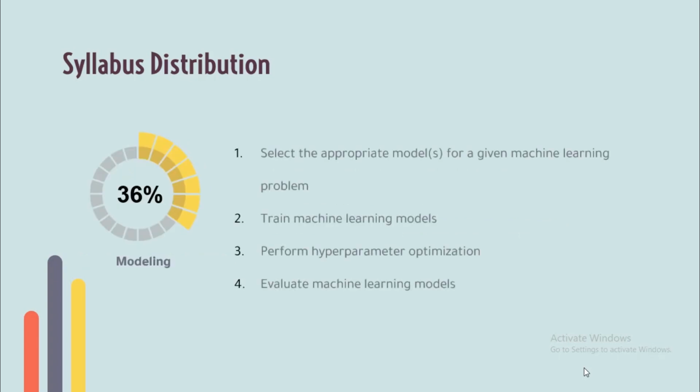Further, coming to modeling, you should have knowledge of how to select the appropriate model for a given machine learning problem, then train the machine learning models, then perform hyperparameter optimization, then evaluate machine learning models.